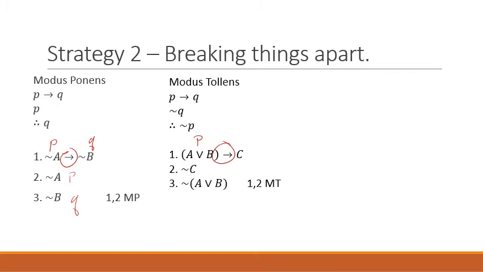So A or B is the P, C is the Q. So not C will be not Q. And then by the pattern, right, by the modus tollens pattern, you'll get not P, right? Not the case of A or B by modus tollens. So again, we're breaking things apart, right? We had in number one a fairly complicated sentence, and then we used the negation of the consequent to get the negation of the antecedent.